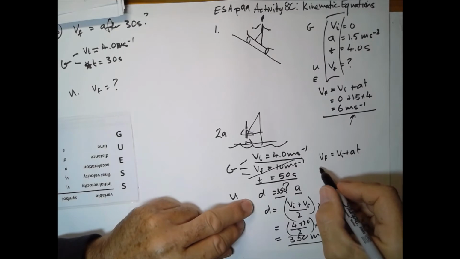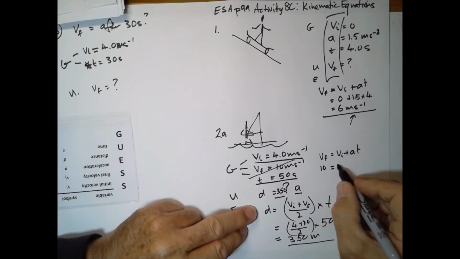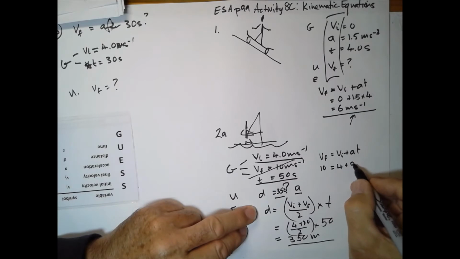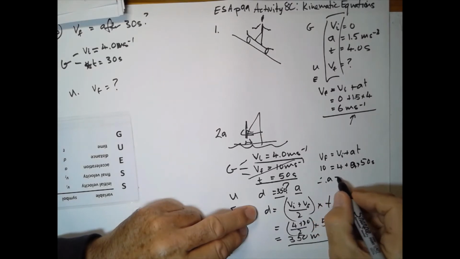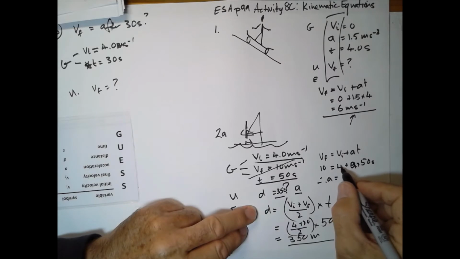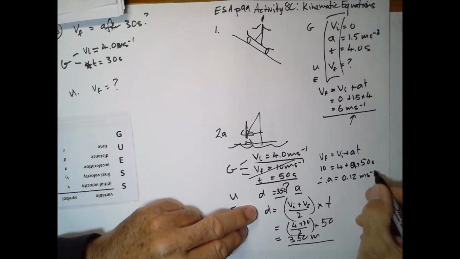V final in this case was 10 meters per second. The initial velocity was 4 plus acceleration, which we don't know, times 50 seconds. Therefore acceleration is equal to 6 divided by 50, which is 0.12 meters per second squared.